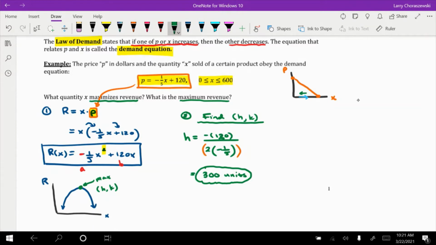To figure out what that maximum revenue is, we find k, which is going to be given by R of 300. So that'd be negative 1/5 times 300 squared plus 120 times 300. And I don't know about you guys, but I got 18,000 as the max revenue.